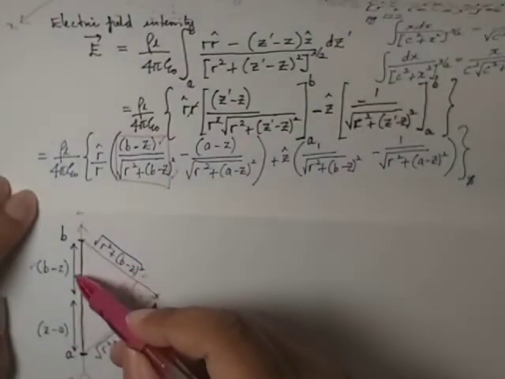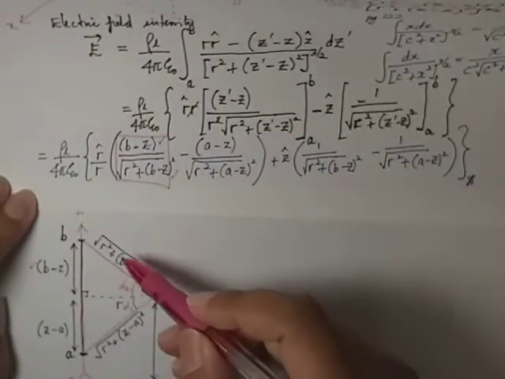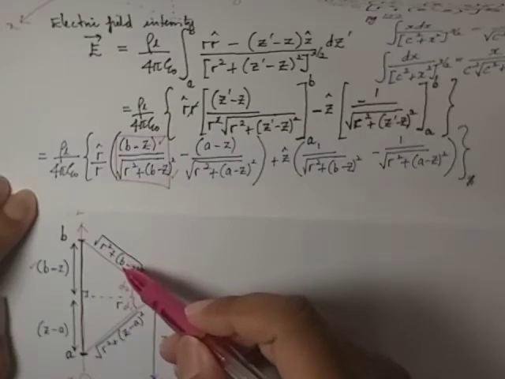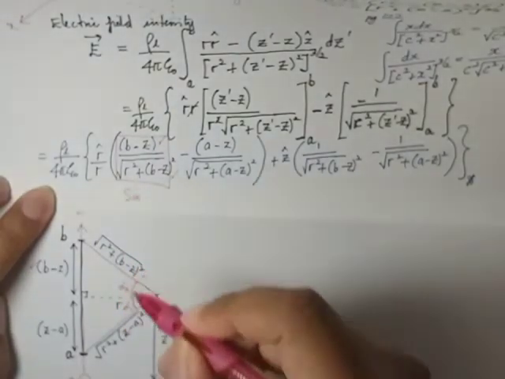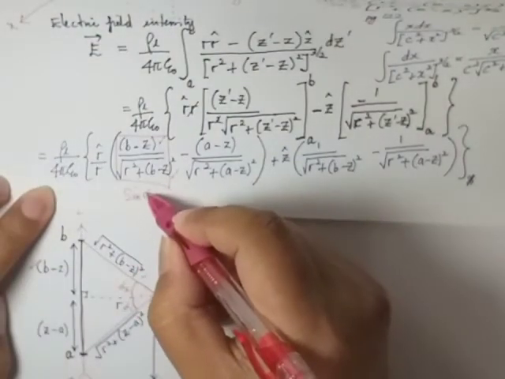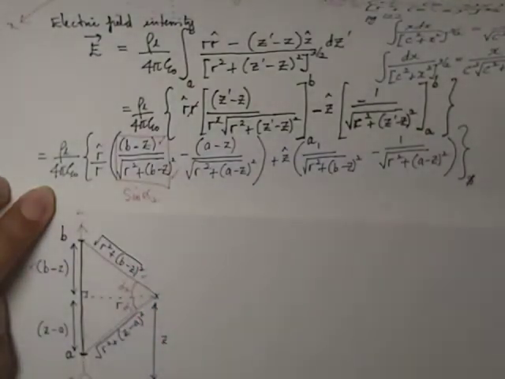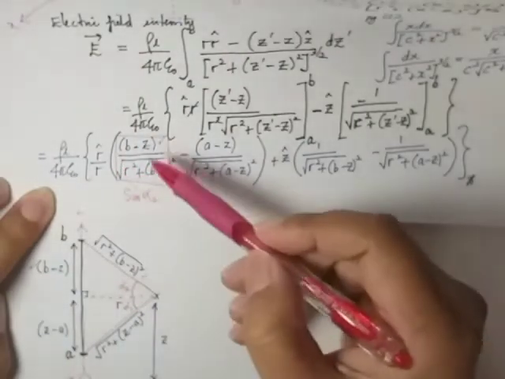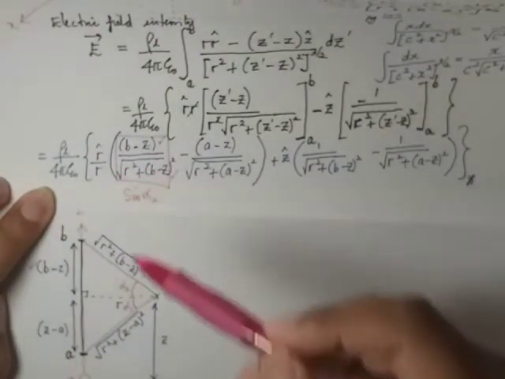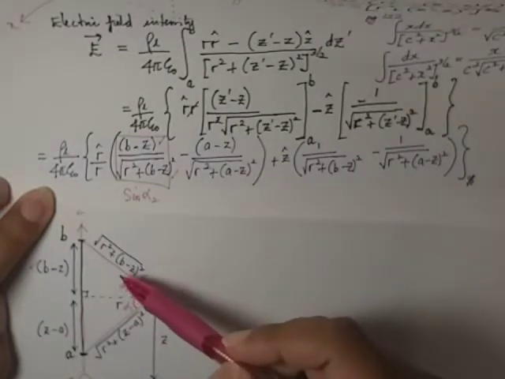This side divided by this length, in trigonometry we call it the sine of an angle. And sine of what? Alpha 2. So that's done. Instead of these lengthy equations, I'm going to replace the whole expression with sine alpha 2 based on this triangle.